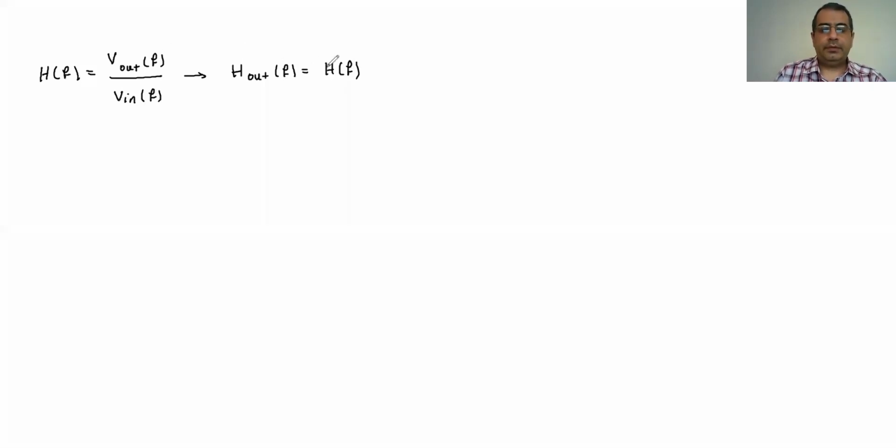Therefore, the filter function for each frequency is V out divided by V in. Same here. So we know that the output voltage for any given frequency is going to be the H of f, this one, times the input signal for that specific frequency.